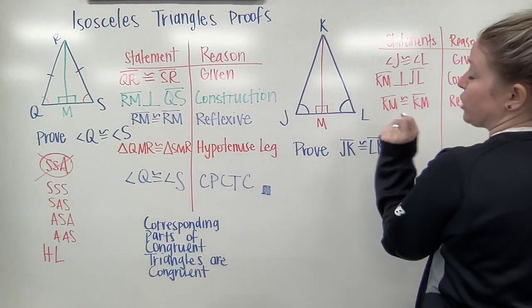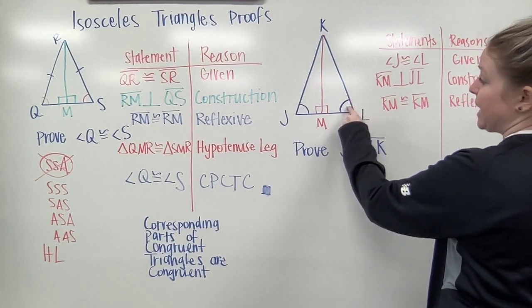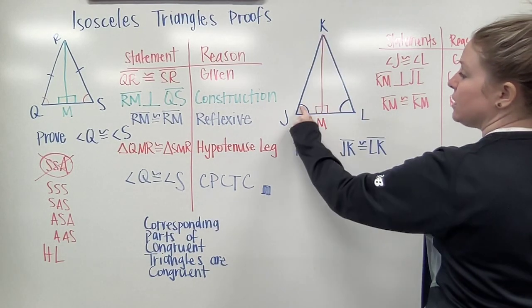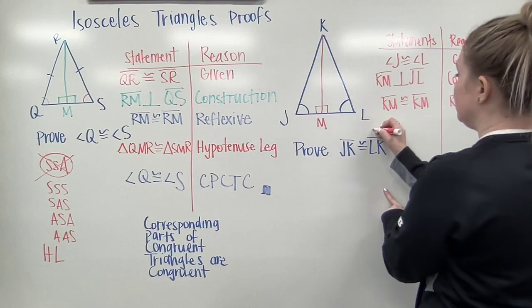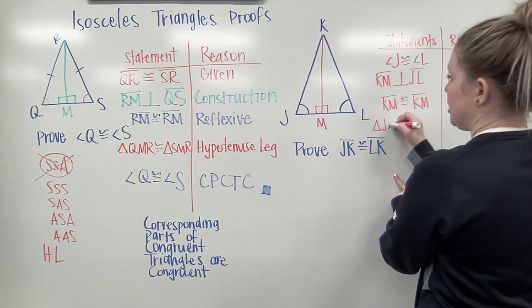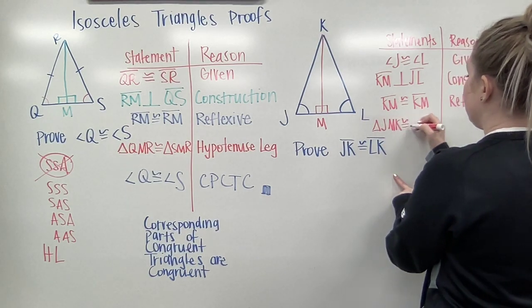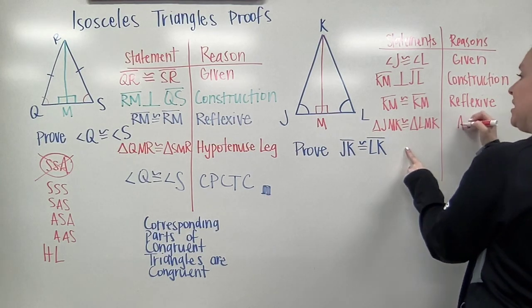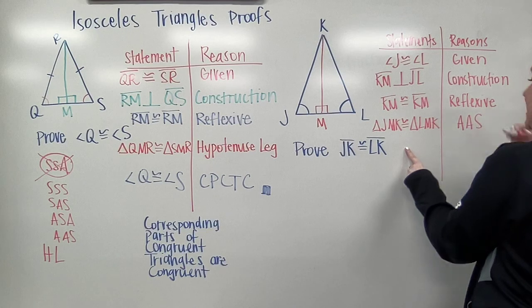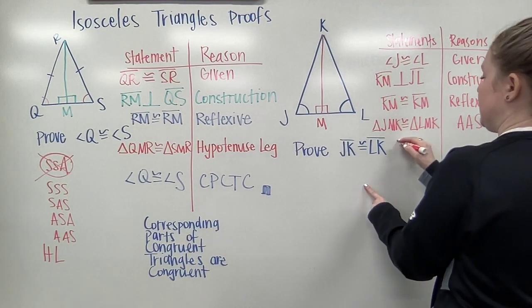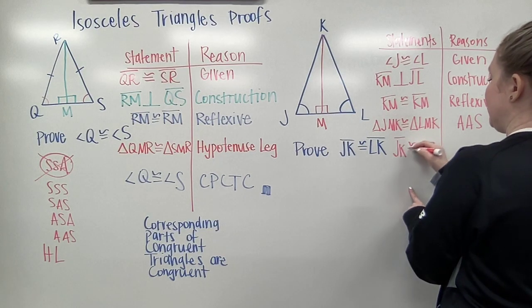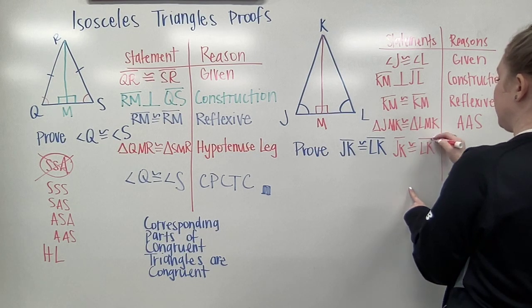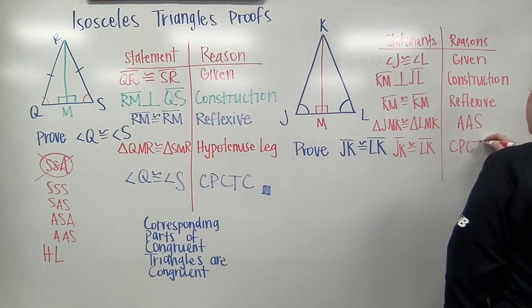And now I know my triangles are congruent, but this one is angle, angle, side. So triangle JMK is congruent to triangle LMK by angle-angle-side. So that means side JK is congruent to LK because of CPCTC.